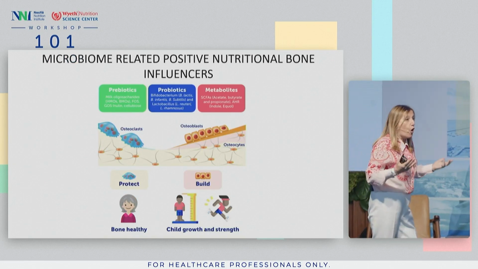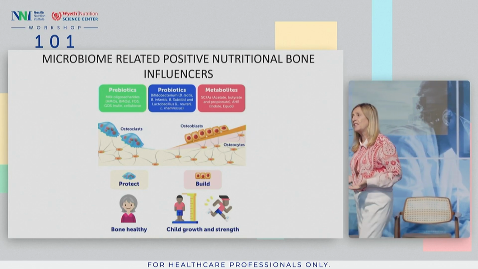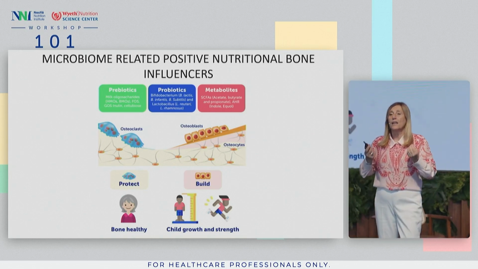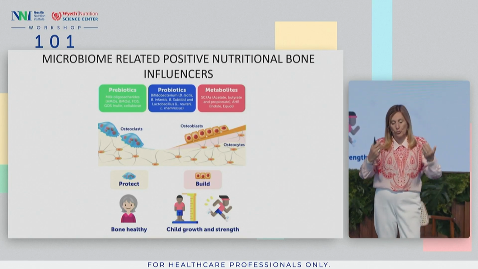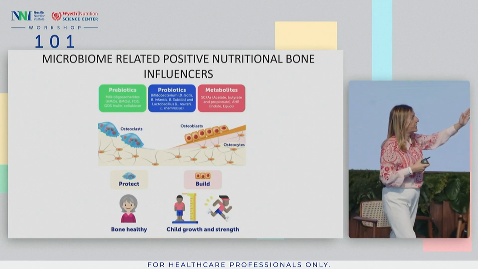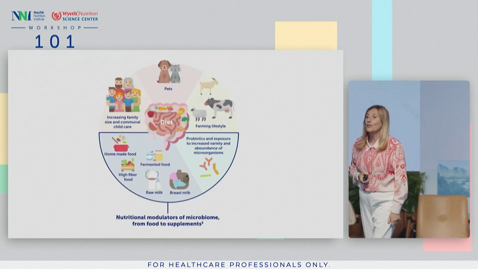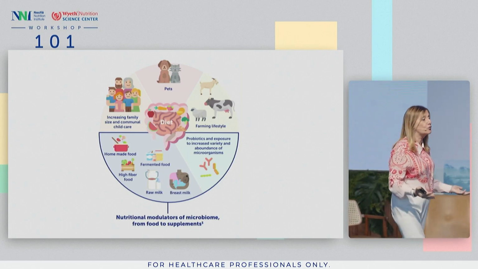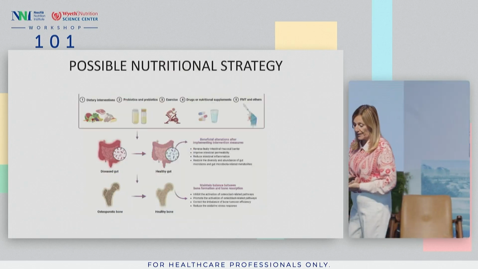But we also know, and we heard, that the colonization of the intestine is absolutely changed by micronutrients and also supplementation. So we have different actions of prebiotics, probiotics, or other metabolites. And who is changing this? Basically, nutrition. So if we change our nutrition, we change the concentration and the colonization.